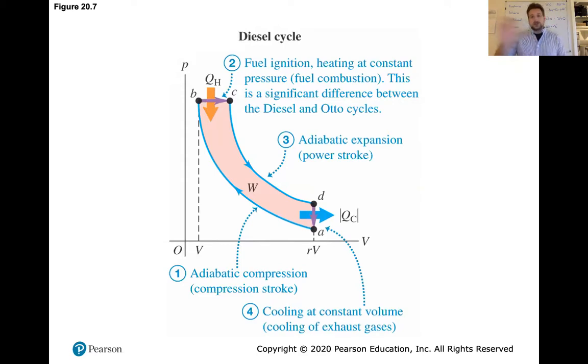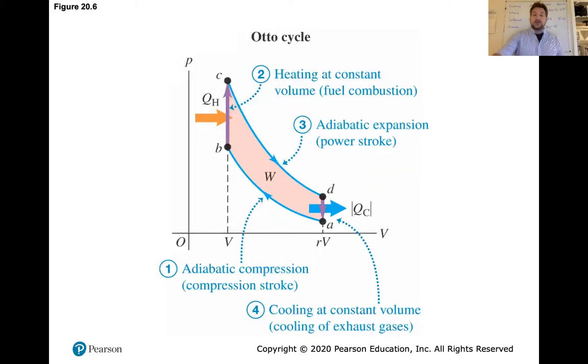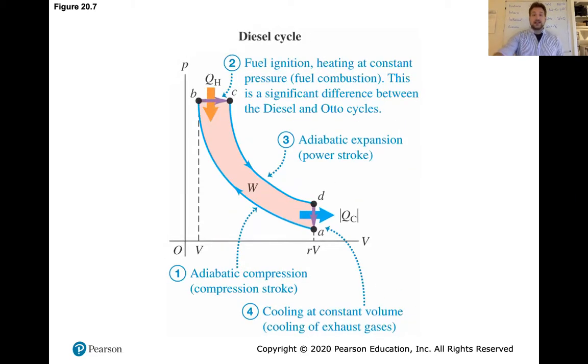If we ignore those kinds of loss, imagine we made a perfectly insulated engine that could do this. What would the theoretical Otto efficiency be, and what would the theoretical diesel efficiency be? And then the follow-up question: what's the best?